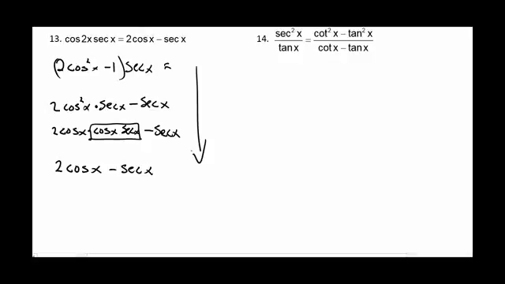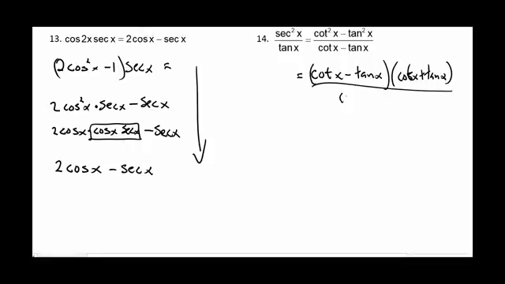All right, and then number 14, I'm going to use a difference of two squares. So cotangent x minus tangent x, and then cotangent x plus tangent x, all over cotangent x minus tangent x. At this point, the cotangent minus tangent divides out, and I'm left with cotangent x plus tangent x.